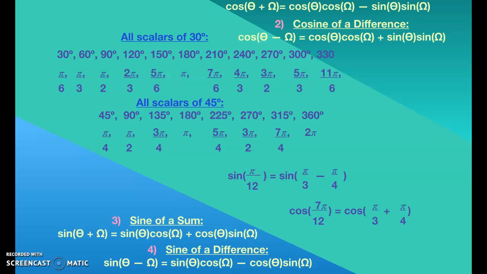You could take cosine of 7 pi over 12, and it's pi over 3 plus pi over 4. So the radians, it'll be the usual headache to convert, but other than that, it's exactly the same process. This stuff isn't bad, and just what I've shown you here will get you through 40. It gets a little trickier.